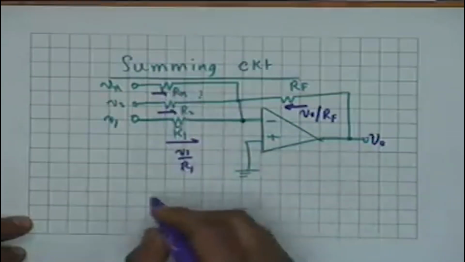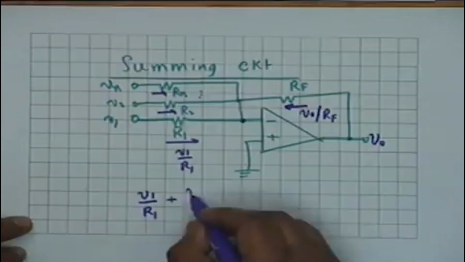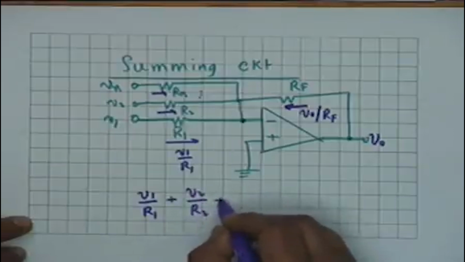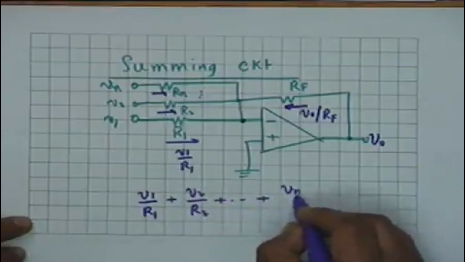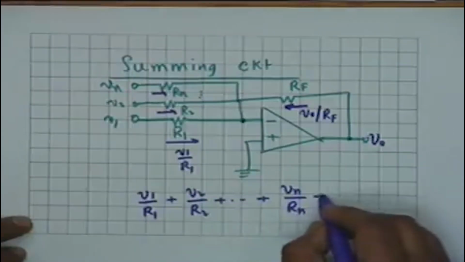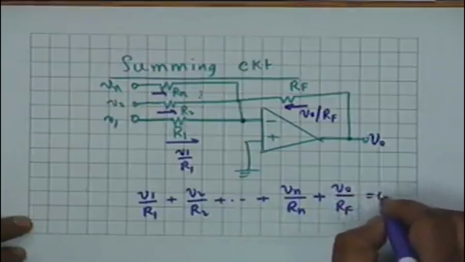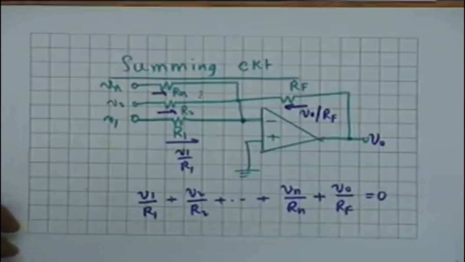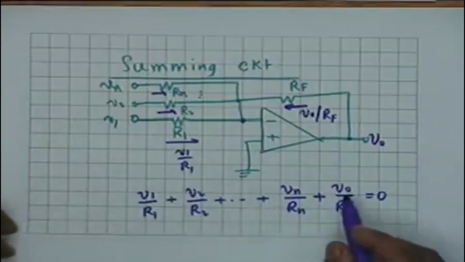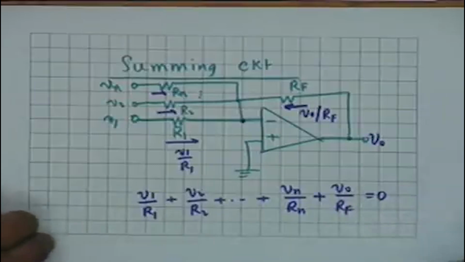And therefore, by KCL, V1 by R1 plus V2 by R2 plus etc. plus Vn divided by Rn plus V0 divided by Rf should be equal to 0, and therefore you can find the value of V0, the output voltage.